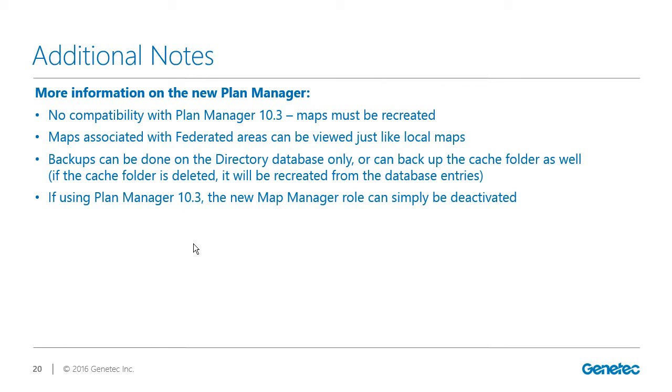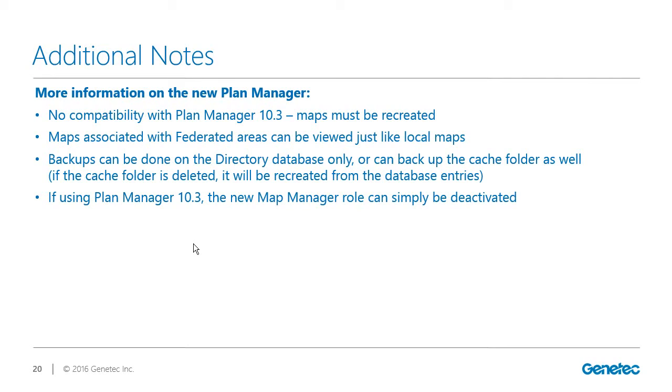I mentioned the directory database is being used for Plan Manager at the moment. So if you want to do any backups, you're just backing up the directory database. You can back up the cache folder as well. That will speed things along in case you need to restore it. If that cache folder is deleted, it just gets recreated from the database entries from the directory database.